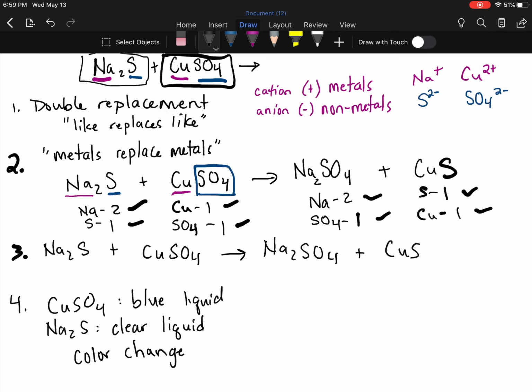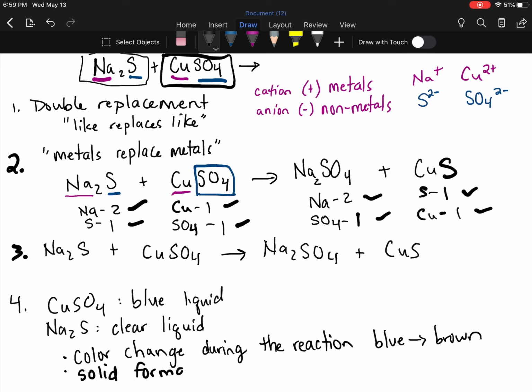I have limited room. But there was a color change during the reaction. It went from blue to brown. Also, if you notice, it's hard to see, but you have to listen to the video. There's a solid formed. So there was solid formation, which is also called a precipitate.